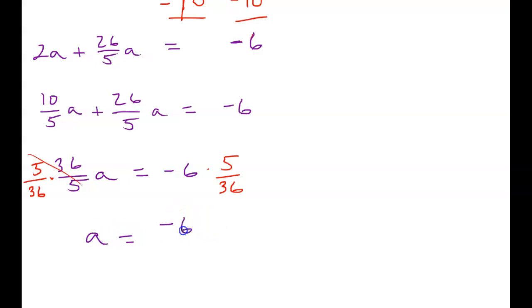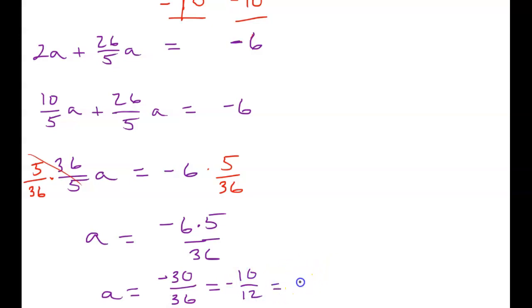And I've got -6 times 5 over 36, which is -30 over 36, which I can simplify to -10/12, which I can simplify to -5/6.